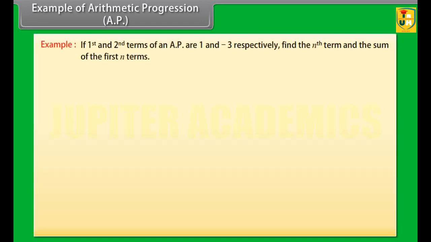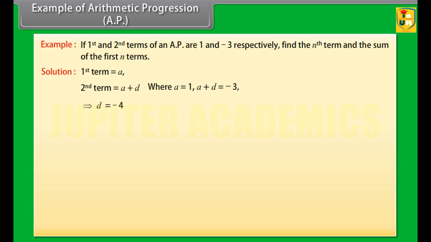Example of arithmetic progression, AP. Example: if the first and second terms of an AP are 1 and minus 3 respectively, find the nth term and the sum of the first n terms. Solution: let the first term be A, and the second term be A plus D, where A is equal to 1, A plus D is equal to minus 3. It implies D is equal to minus 4.